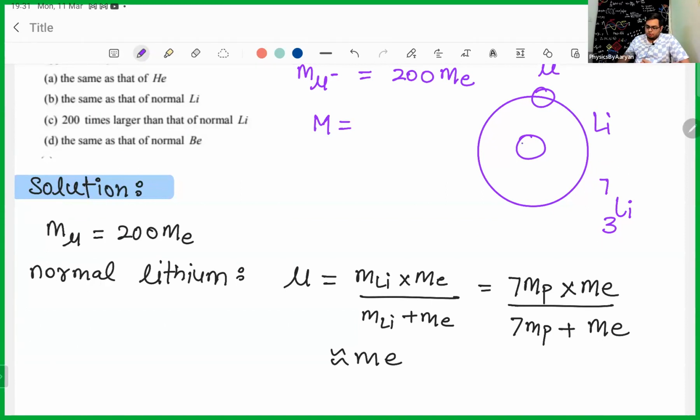So the mass of the nucleus of lithium will be 7 times mass of proton, almost, because proton and neutron have the same mass. So roughly it will have the mass of 7.